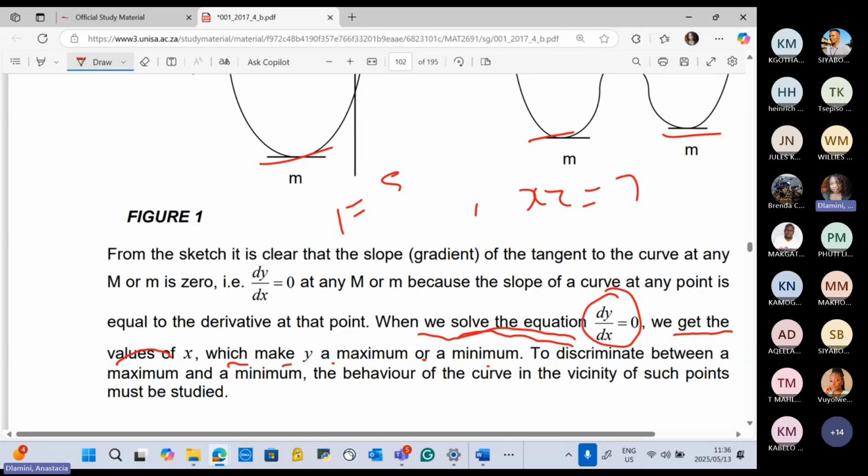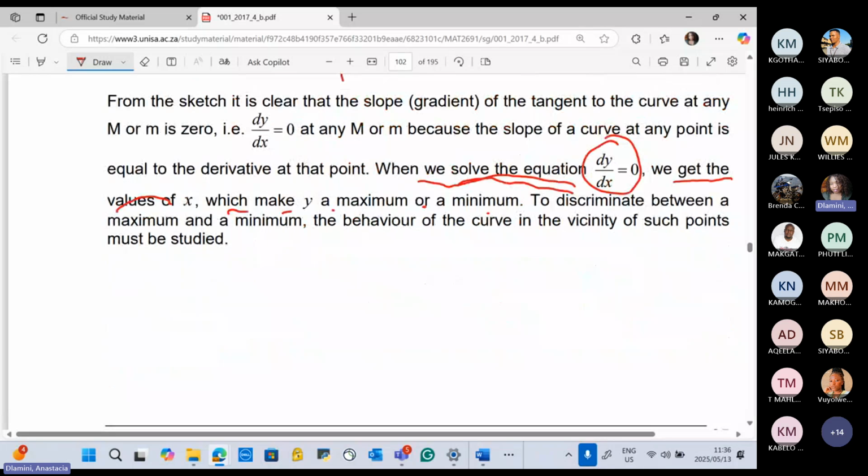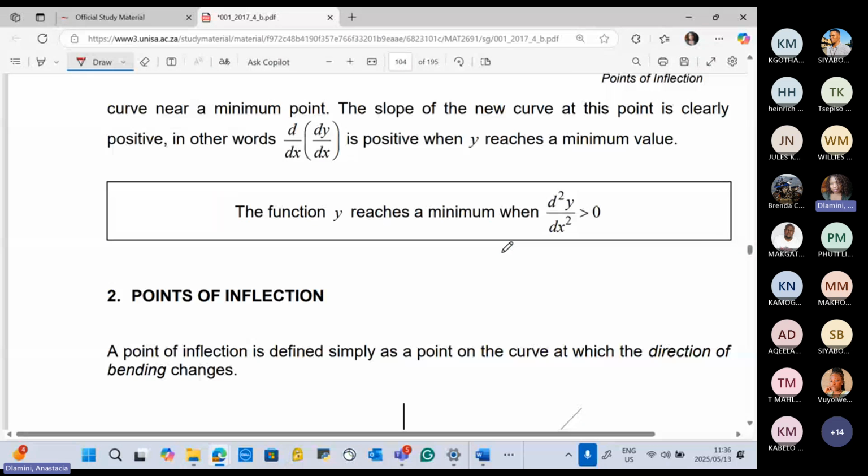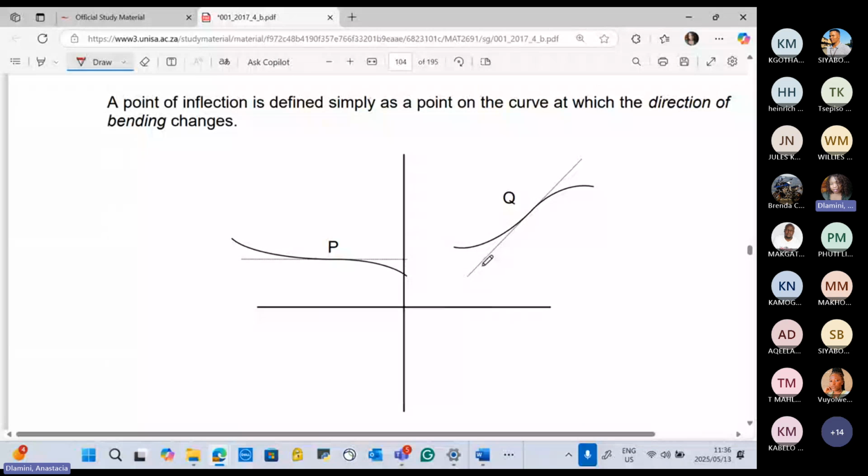But this is not the same when it comes to the point of inflection, because look at Q. When you draw a tangent line at Q, the straight line has a positive gradient, like this. But at P, it's like this. If the bending was like this, and you drew a dotted line touching the graph once, the gradient would be negative.